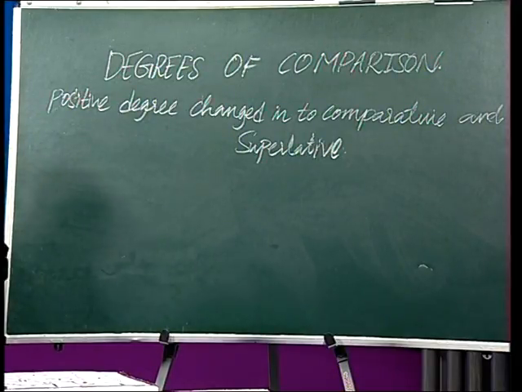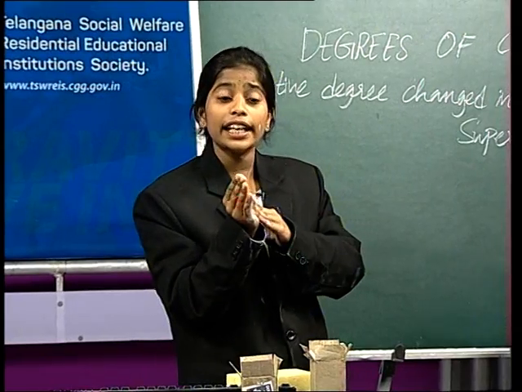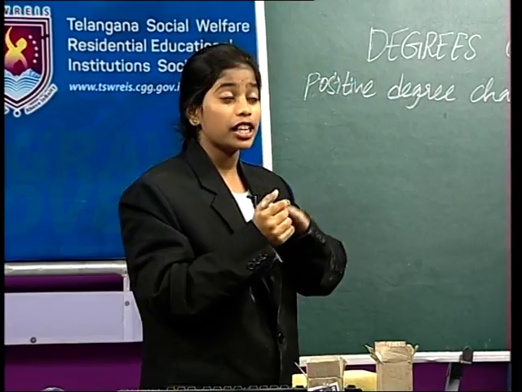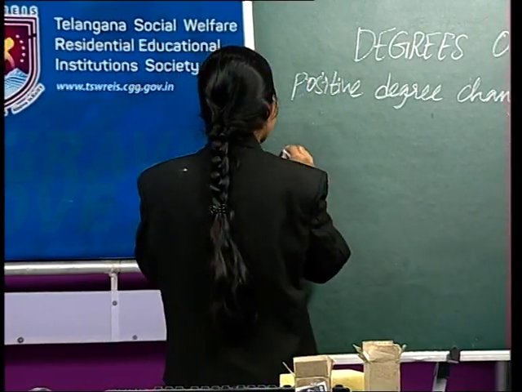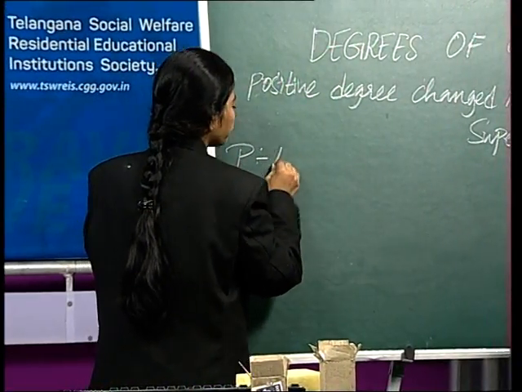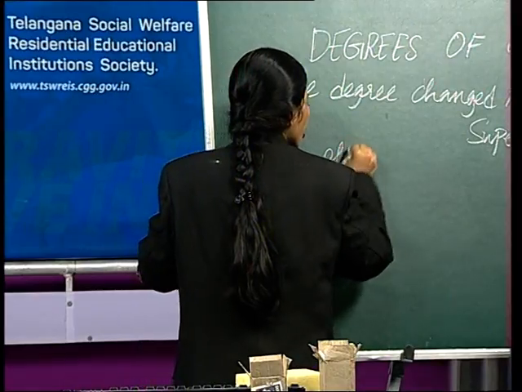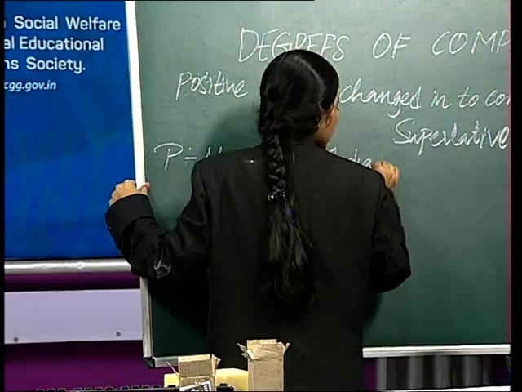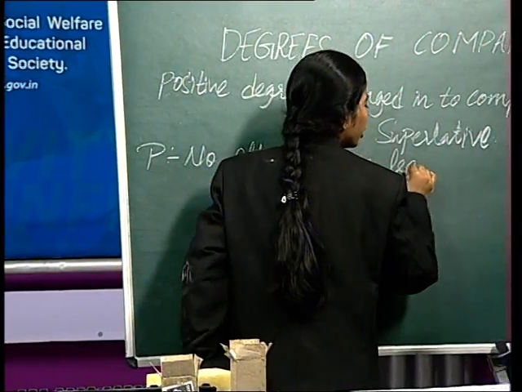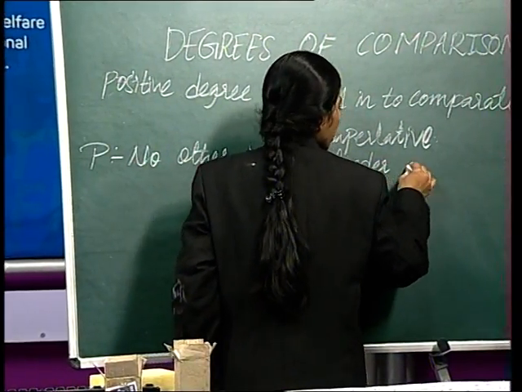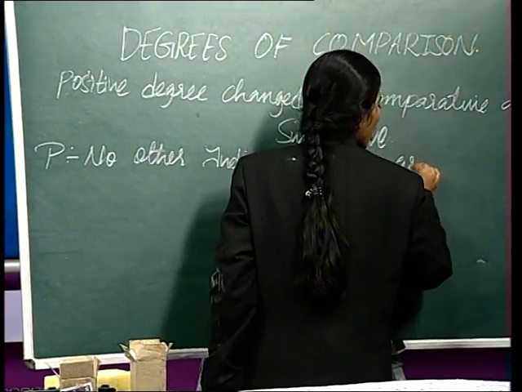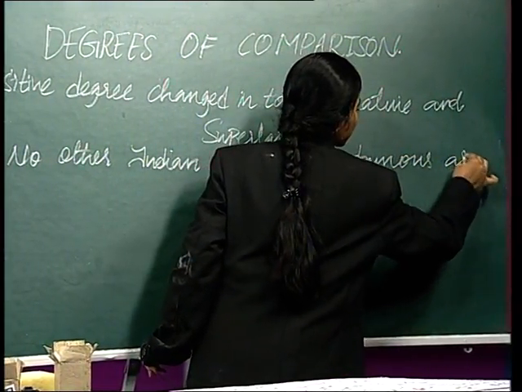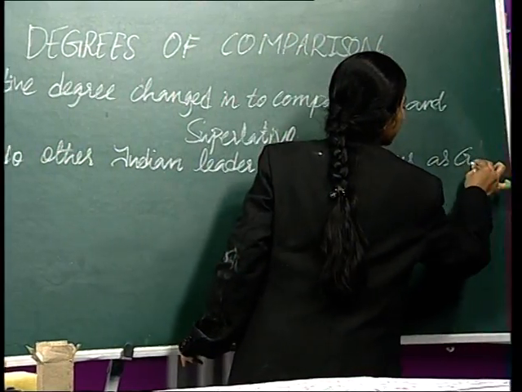What we have just discussed is that the sentence in the positive form has no other or as. Let us take an example in the positive form: No other Indian leader is as famous as Gandhi.